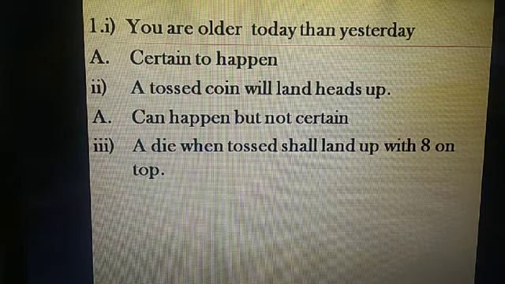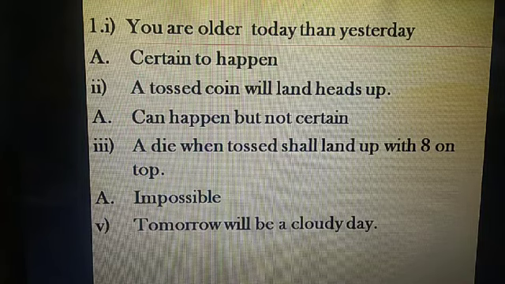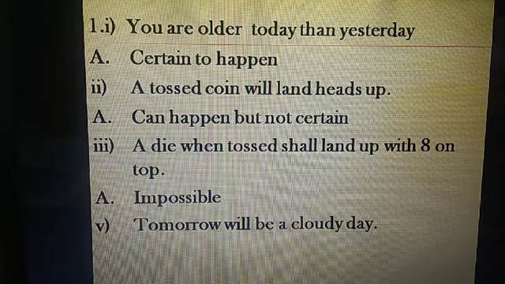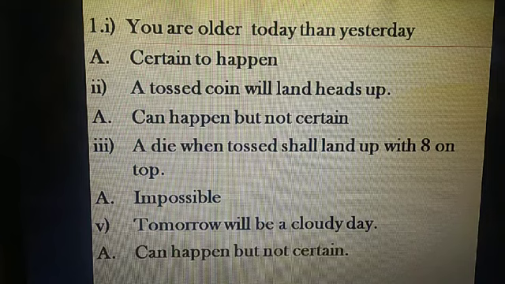So this is impossible. Now the next one I am solving here is the 5th one. Tomorrow will be a cloudy day. It's not necessary. Yes, it is an assumption. So we can say can happen but not certain.